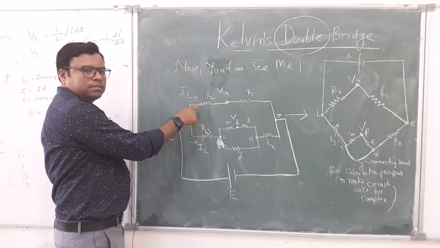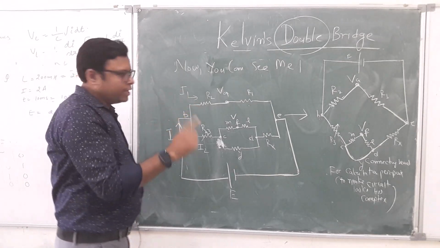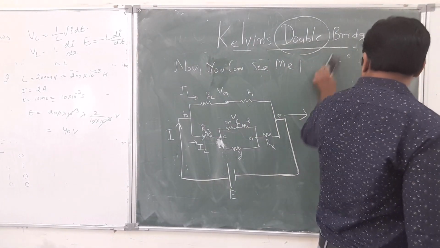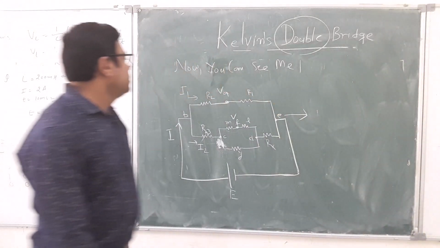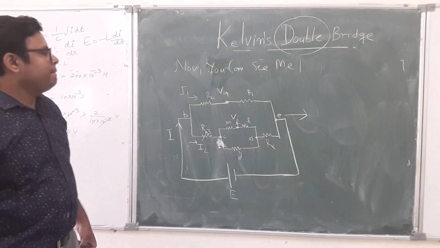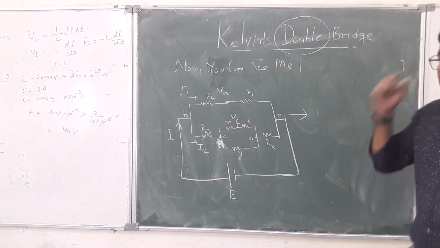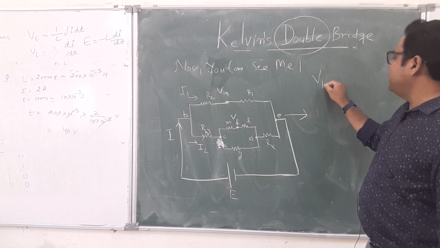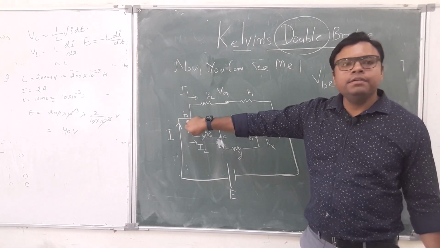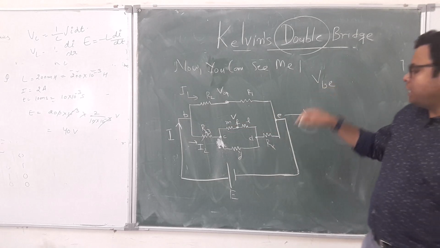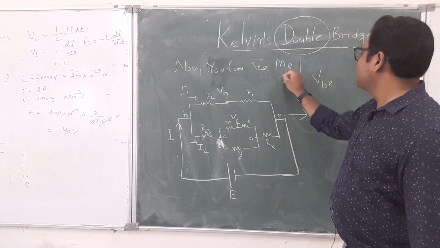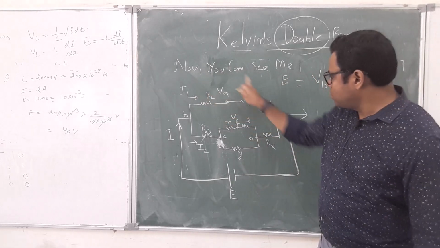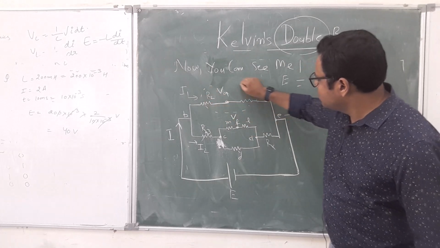So I am writing this first for a parallel resistor. For me, if I say VBE, the voltage drop between B and E, is equal to E, and that is I1 into, suppose this resistor is R1 dash.